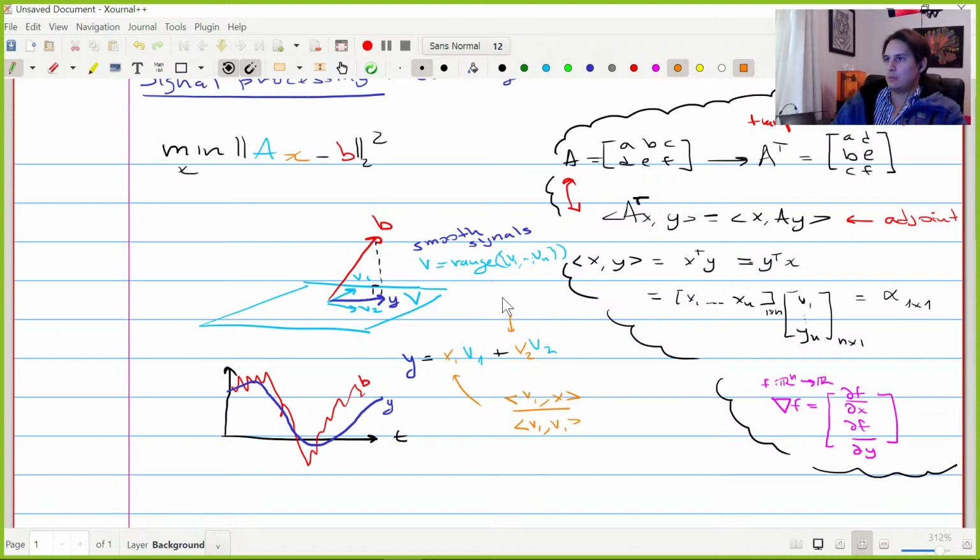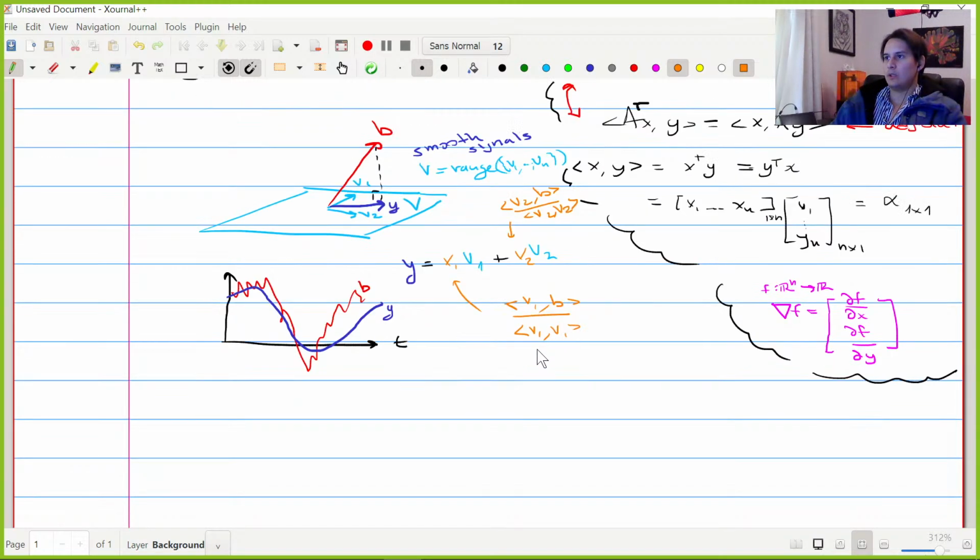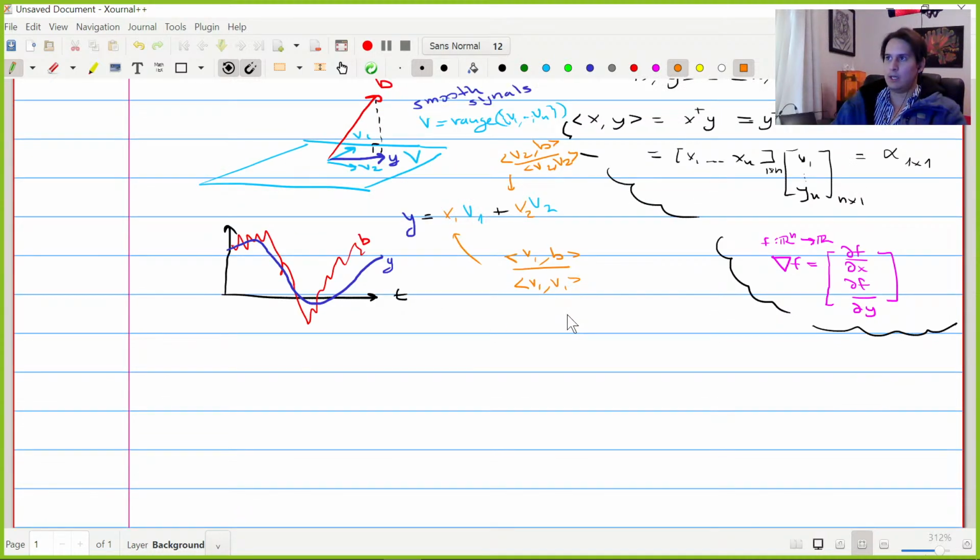For this one, it would be v2 b divided by v2 v2, right? So that was the first way we had to do it, but later we presented that this can be solved equivalently by using something called the normal equations.